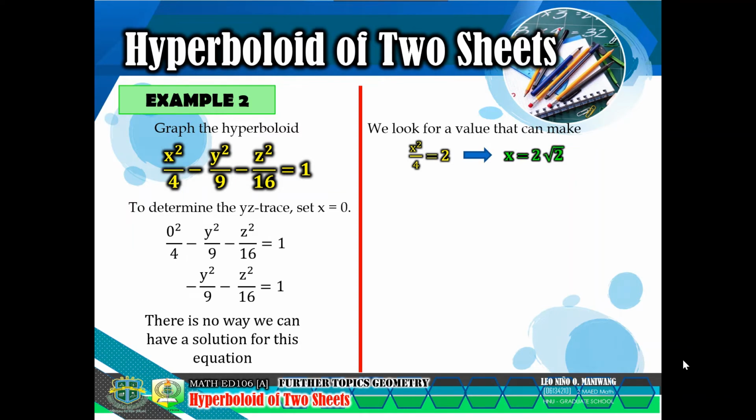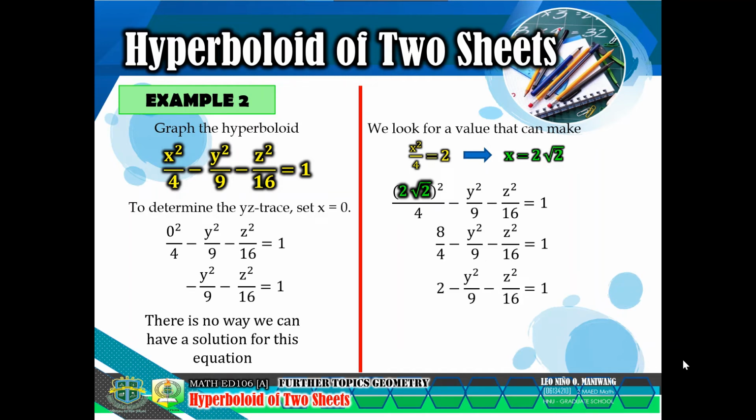Substituting 2 square root of 2 to the equation, we have the square of 2 square root of 2 over 4 minus y squared over 9 minus z squared over 16 equals 1. Solving, we have 8 over 4 minus y squared over 9 minus z squared over 16 equals 1. And we simplify, that's 2 minus y squared over 9, then copy -z squared over 16 equals 1.